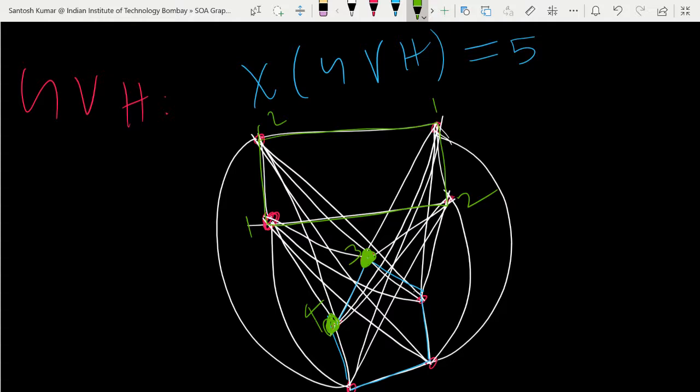Okay, and this one you can give the 4 only, because this has no adjacent 4.